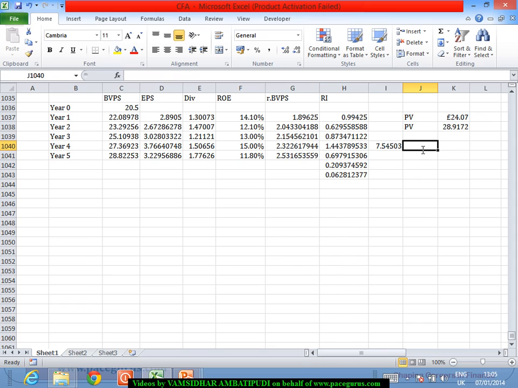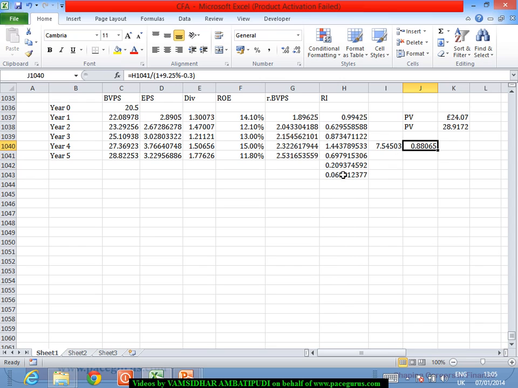the present value is nothing but the next period RI divided by 1 plus R, 9.25%, minus W, which is the persistence factor. So this is coming out as 0.88.